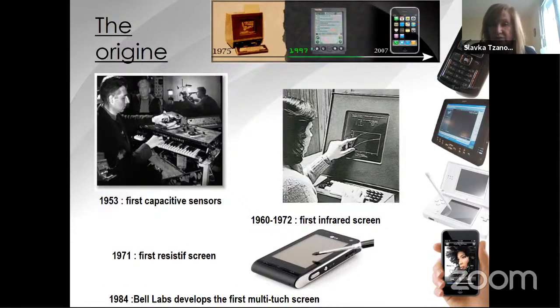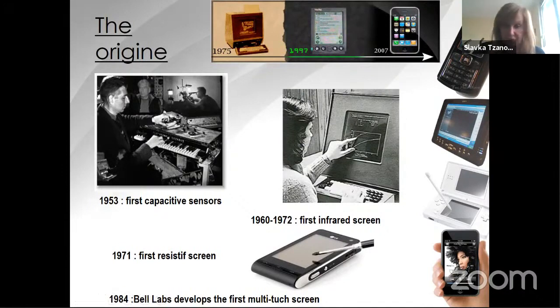Then there were the first infrared screens, in 1960 and 1972. The first resistive screen appeared in 1971, but it is still used in a lot of navigation systems. You still have this resistive screen controlled with the pen.